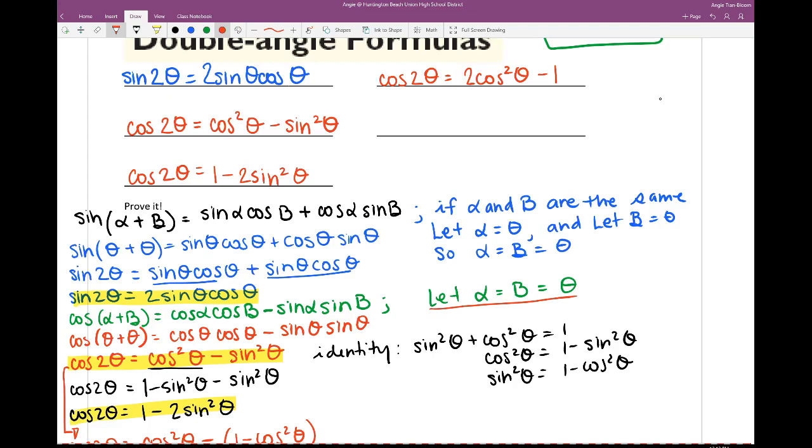Guess what? We can also do tangent of a double, okay? So what would I do with tangent of a double? I'm going to do the same thing. I can also manipulate tangent of a double. Tangent of a double, though, it's going to be a little bit longer, so I'm just going to give it to you.